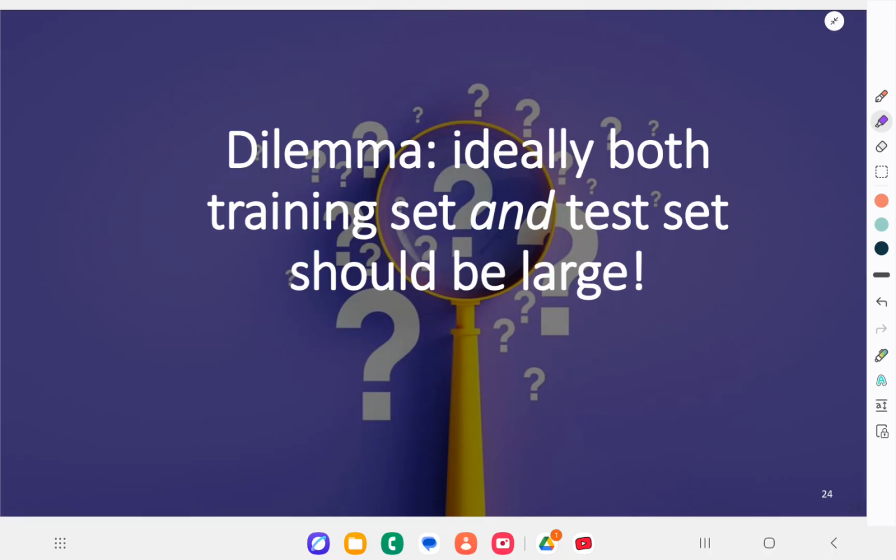A small test set might give a noisy or misleading estimate of the true accuracy, right? But of course, we only have so much data to begin with. Every instance we assign to the test set is one less example the model gets to learn from, right? And every record we add to the training set reduces our confidence in how well we've evaluated the model, right?